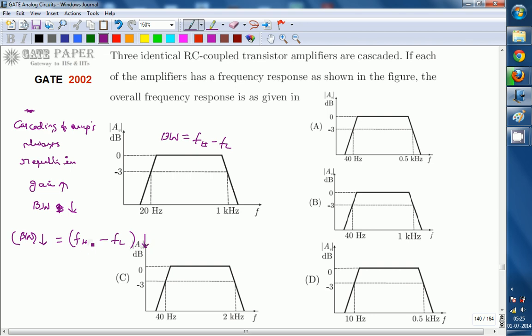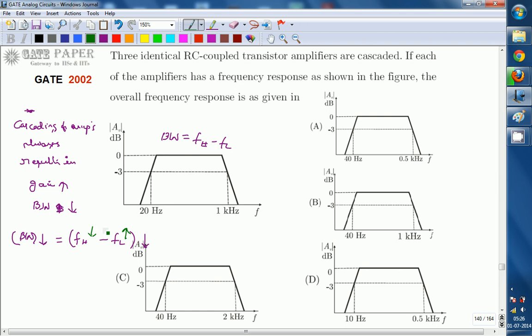This difference has to reduce, which means we can think in this way. If the upper cutoff frequency is reducing and the lower cutoff frequency is increasing, the difference between these two gets reduced compared to the previous case.